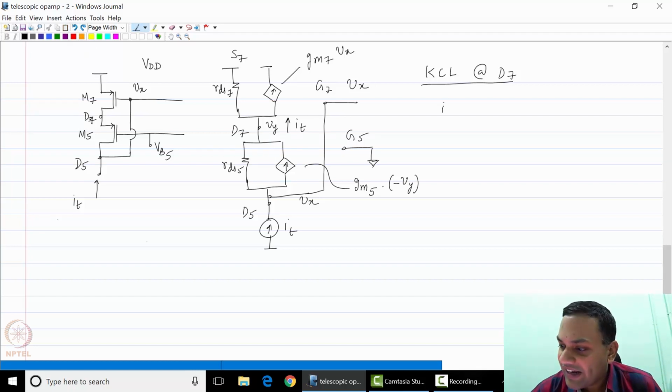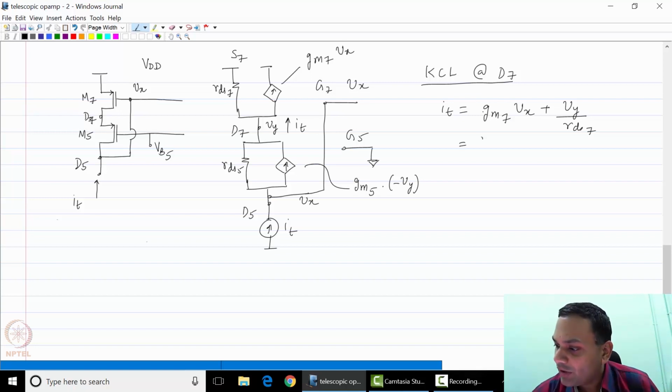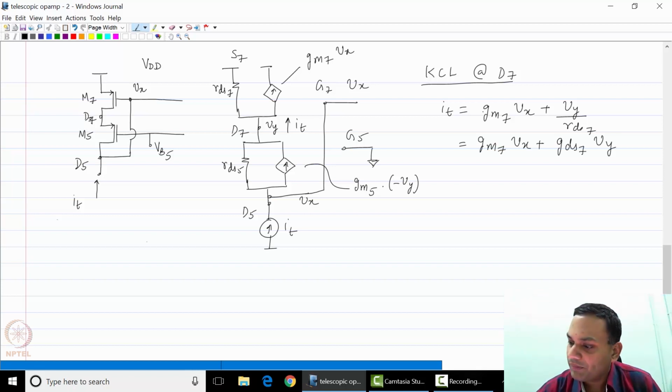So It is equal to Gm7 Vx plus Vy over RDS7, and we will write this as Gm7 Vx plus GDS7 Vy.